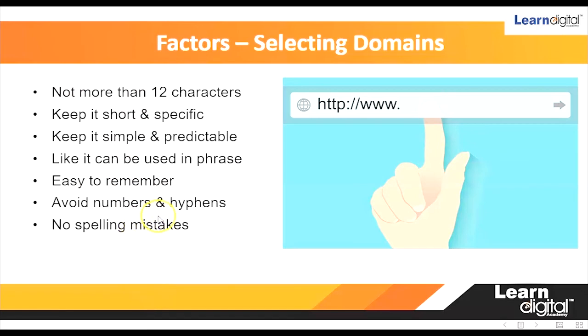And avoid numbers and hyphens. Whenever you are selecting your domain or website name, don't use numbers. Although you can, as an SEO factor, numbers are not considered good, right? And you shouldn't select a misspelled domain name, right?